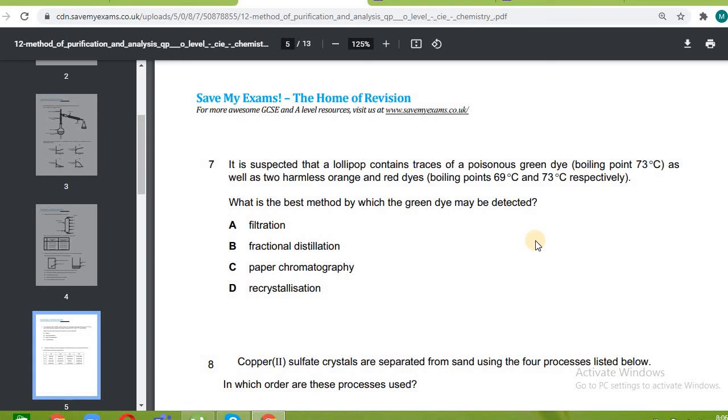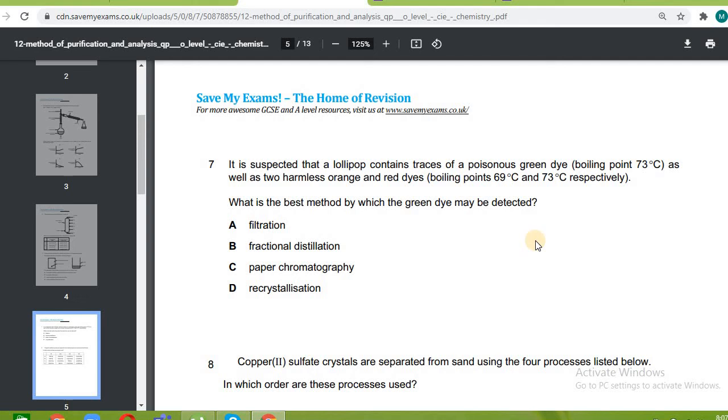In question number 7, they are saying that a lollipop contains traces of poisonous green dye. We have a boiling point of 73, and two harmful dyes, orange and red. So what is the best method by which the green dye must be determined?